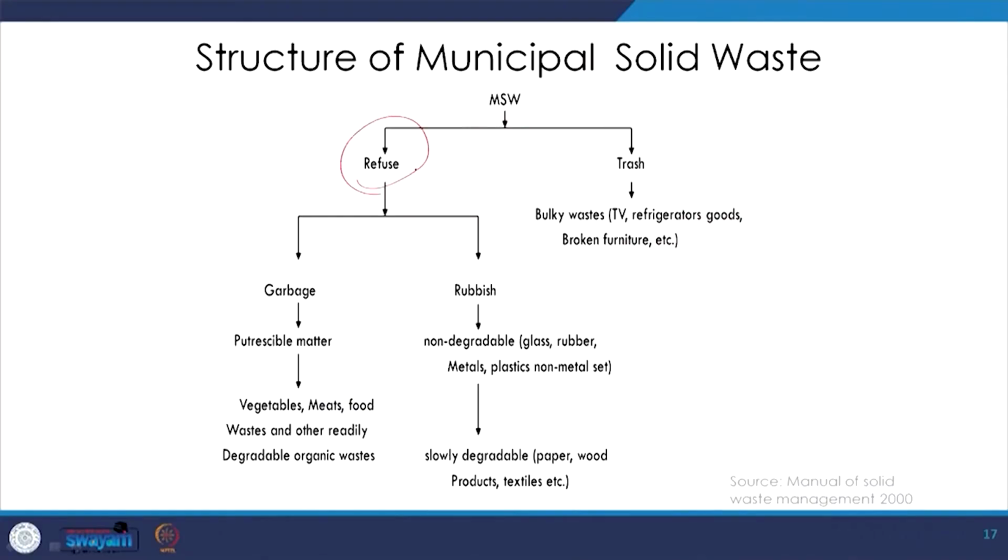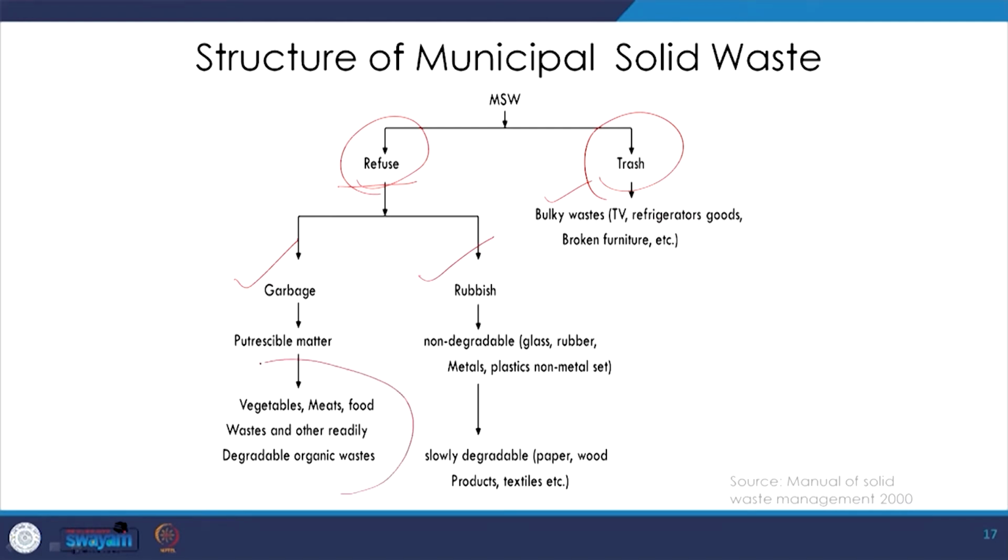If we look at the structure of municipal solid waste, we can see that it is divided into two broad categories. One is trash and the other one is refuse. Trash usually contains the bulky waste, and refuse contains the organic matter and the inorganic, non-biodegradable matter.